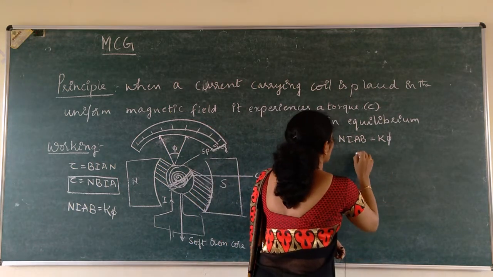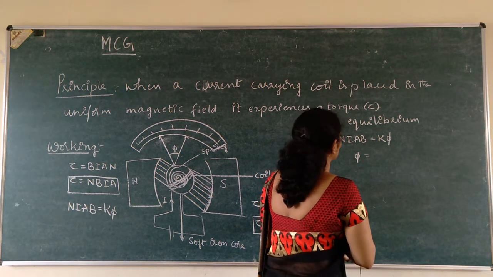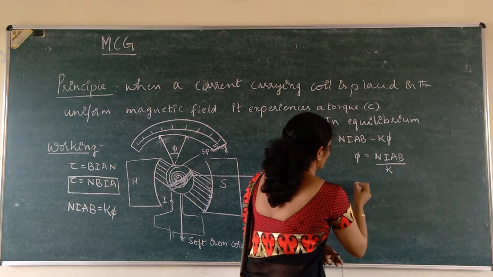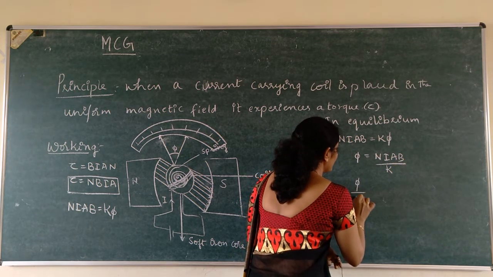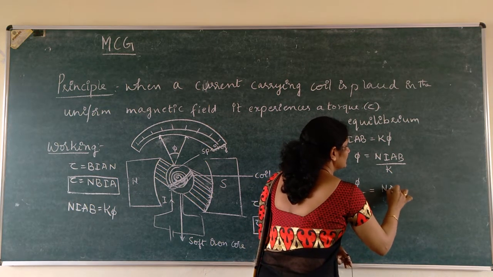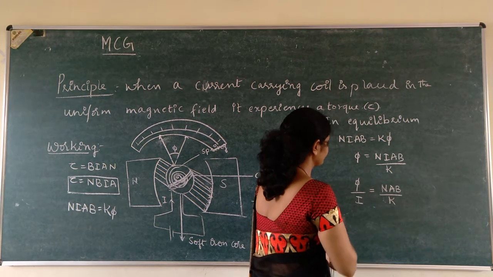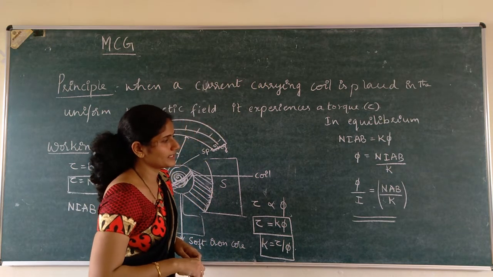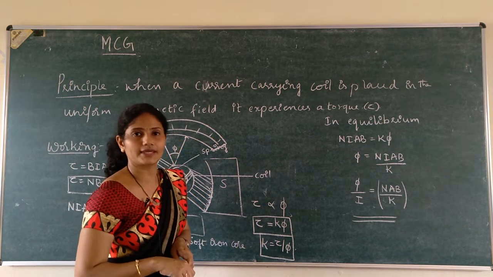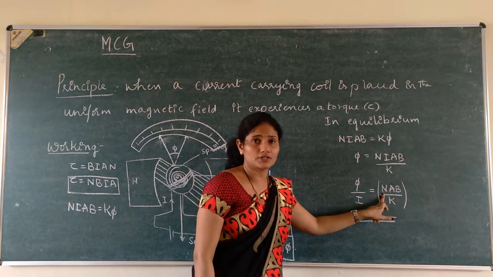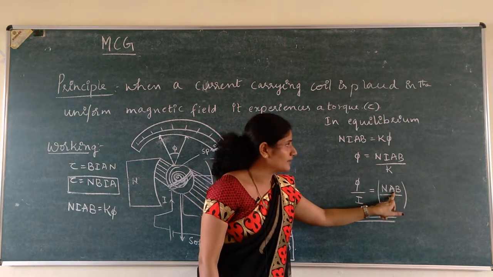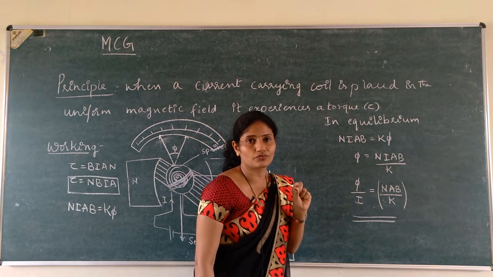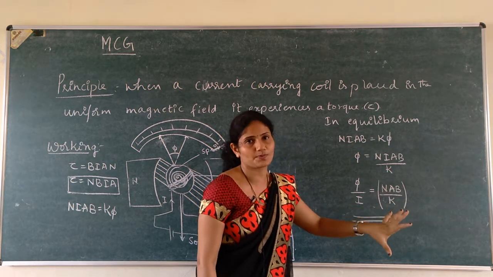NIAB is equal to K phi, or phi is equal to NIAB divided by K, or phi by I is equal to NAB by K, where N is the number of turns in the coil, A is the area, B is the magnetic field, and K is the torsional constant of the spring. It is constant for a given spring.